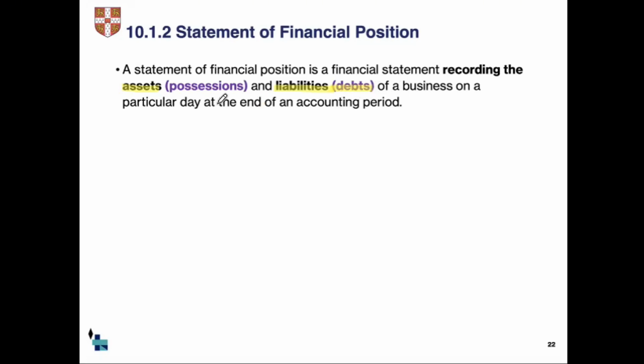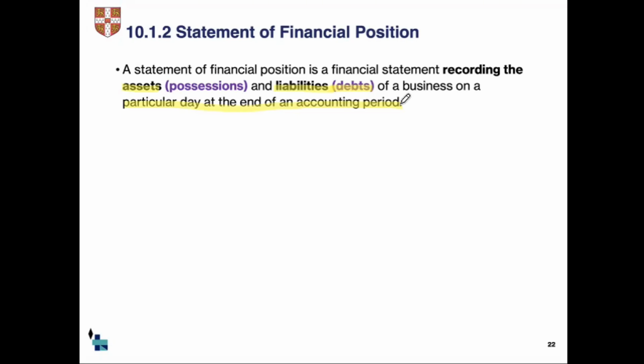As we have said, it gives us this picture of the position of the business on a particular day at the end of an accounting period. This is very important because unlike the statement of profit or loss, that gives us the history of transactions that has occurred in the business for a given period.